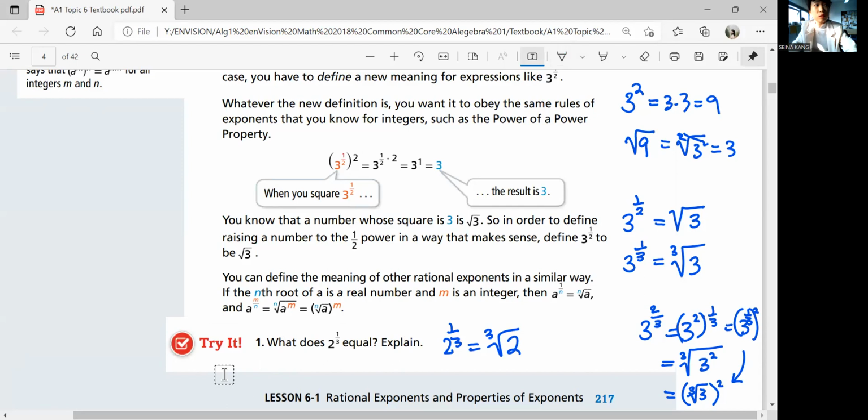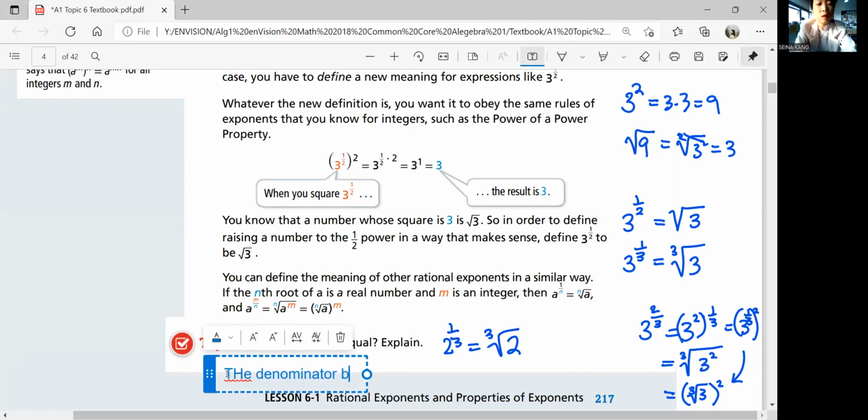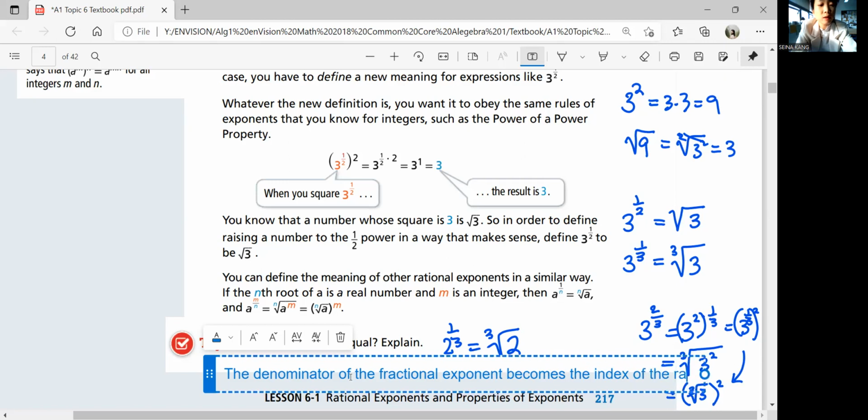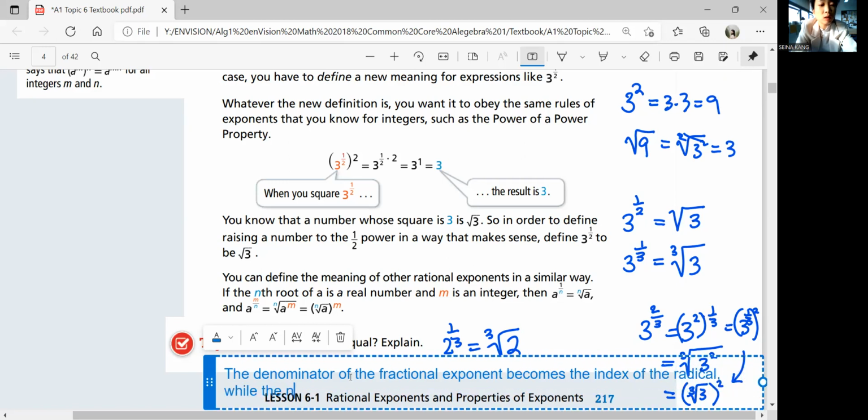Using this rule, we know that the denominator of the fractional power, the fractional exponent, becomes the index of the radical, while the numerator is the exponent of the radicand.